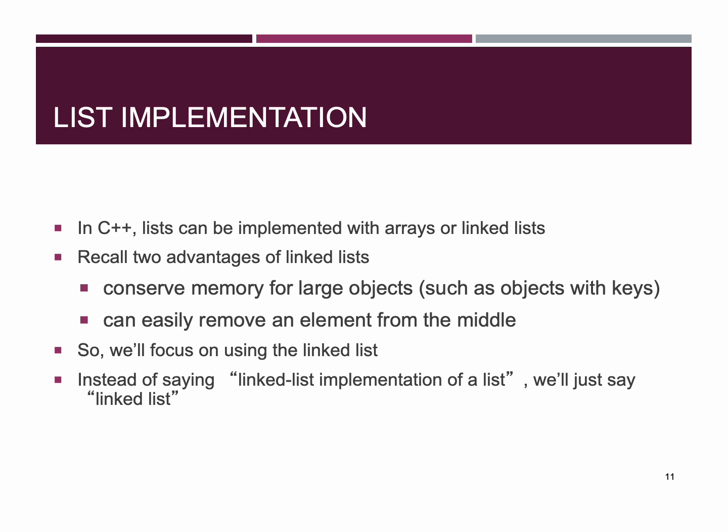Linked lists allow us to easily remove an element from the middle of the list without needing to shift other elements as we would do in an array. From this point forward, we'll focus on the linked list implementation instead of constantly referring to the linked list implementation of a list. We'll simply say linked list for simplicity.